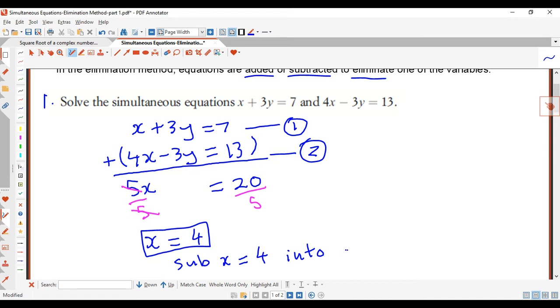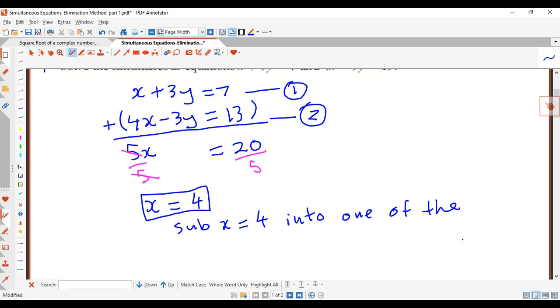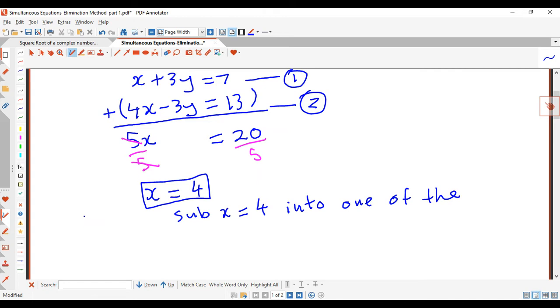You're doing this to get the y value, okay? Now try and choose the equation which is easiest to work with. So I'm going to choose the first one because it's got all plus signs, okay?